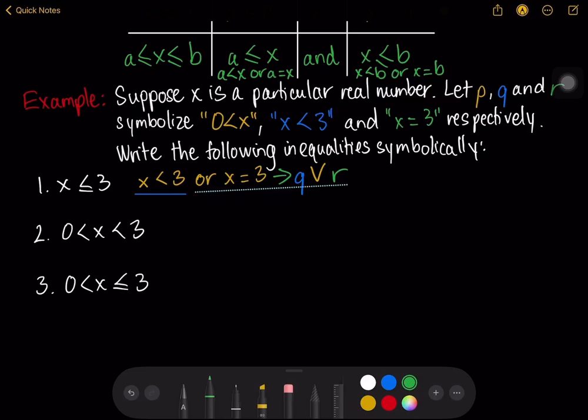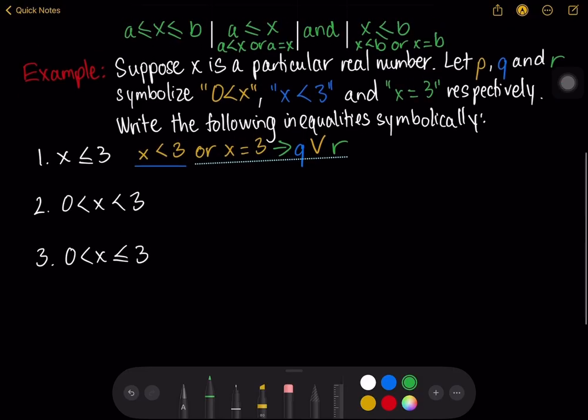All right, the second one we have two statements over here, let's do another yellow. We have 0 less than x and x less than 3. Okay, so let's do it symbolically.